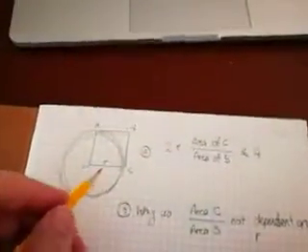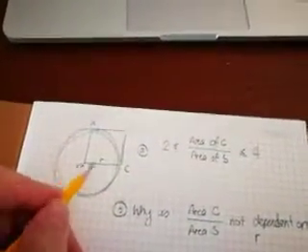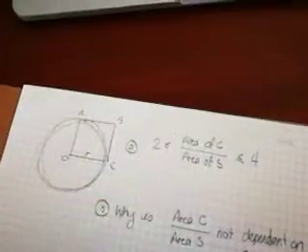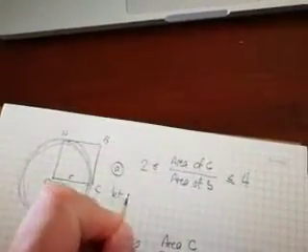This is a simple one. First we need to, if this is the radius, give it a nice simple value. So we will say, let the radius equal 1.